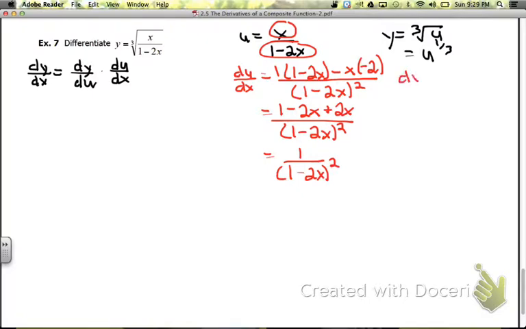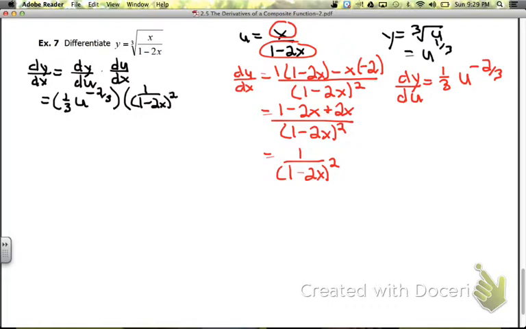Similarly, I can take the derivative of y in terms of u, which is just going to be equal to a third times u to the power of negative 2/3. So now I can go ahead and put that into my equation here. So this will be equal to a third times u to the power of negative 2/3 times 1 over 1 minus 2x squared.